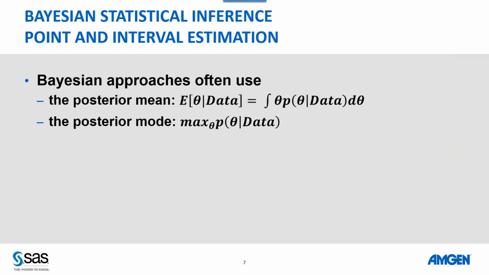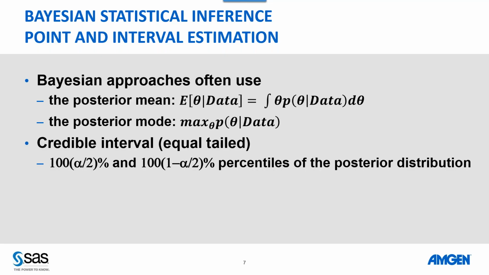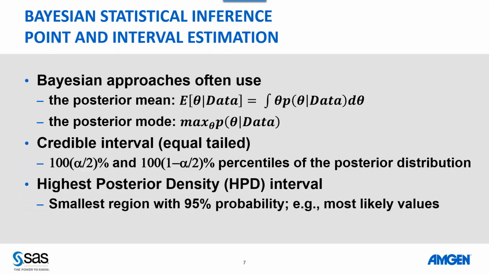So we mentioned that in terms of estimation, we use the posterior mean, maybe the posterior mode. And in terms of intervals, we have two types of intervals. One is called the credible interval, which is an equal tail interval. And the other one was the HPD interval, which you can define as the smallest region with 95% probability, for example, or the most likely values.